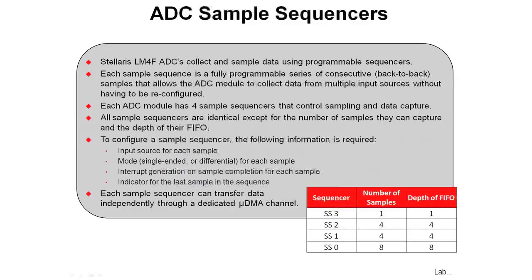Are you going to generate an interrupt on the sample completion? Are you going to indicate that this is the last sample in the sequence? And bear in mind, you could do this for every single sample, as many as, for sample sequencer 0, 8 total samples. Each sample sequencer can then transfer its data from the FIFO independently using a dedicated DMA channel.